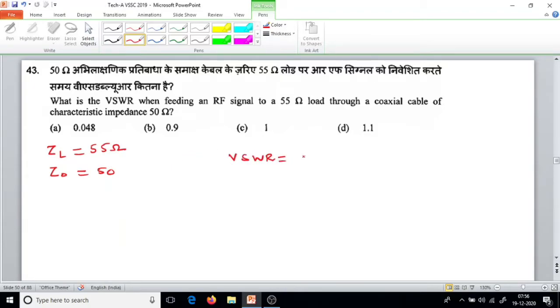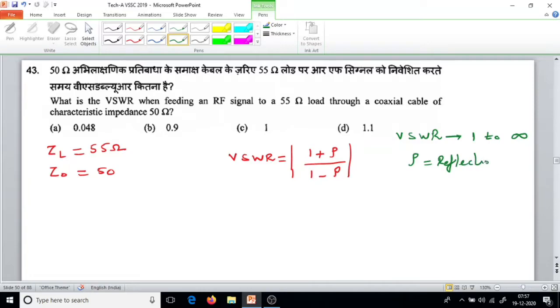VSWR equal to mod of 1 plus rho divided by 1 minus rho, where rho is the reflection coefficient. You remember this.